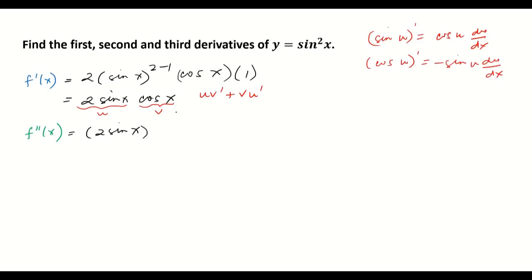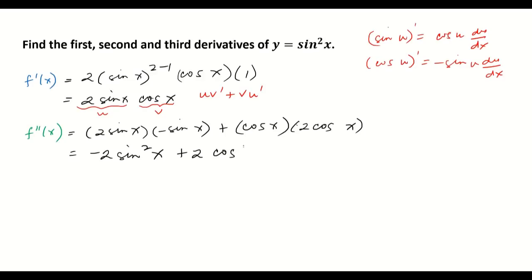So the derivative of cosine x is negative sine x plus v. So let's copy cosine x. And the derivative of 2 sine x is 2 cosine x. So simplifying, this would be negative 2 sine squared x plus 2 cosine squared x.